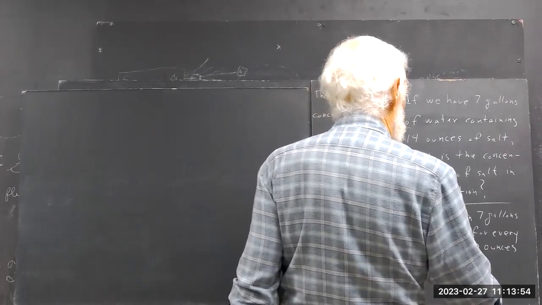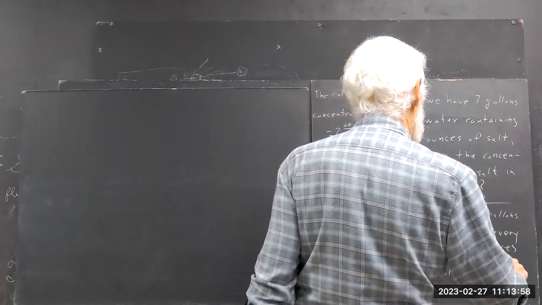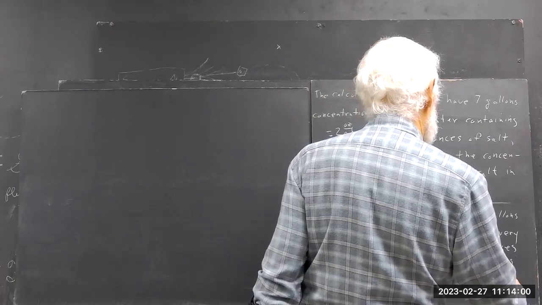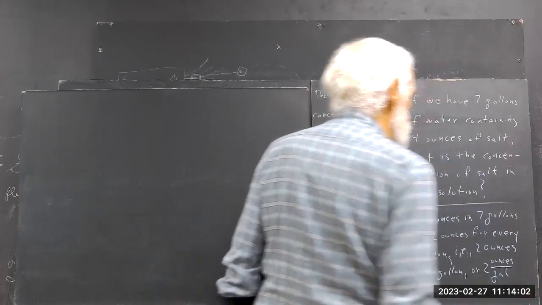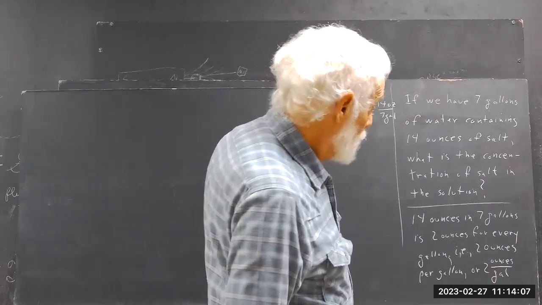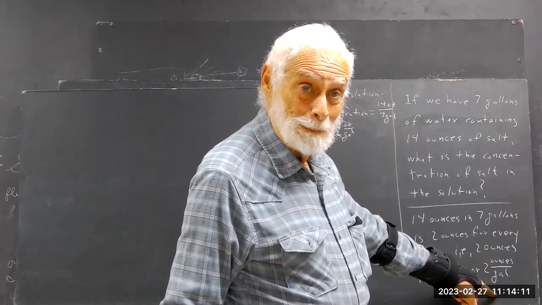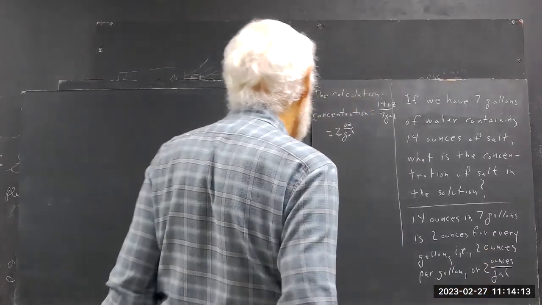That's 2 ounces per gallon. And ounces per gallon is written ounces over gallons, which tells you what you do with the ounces and the gallons.